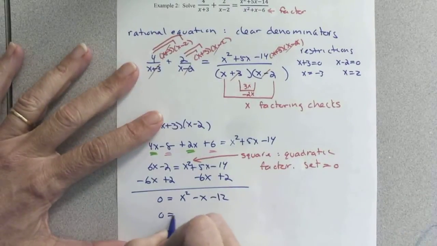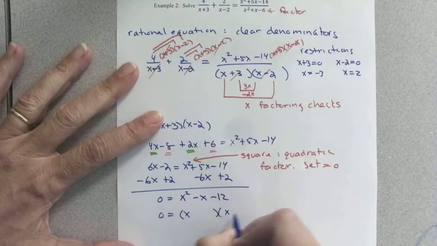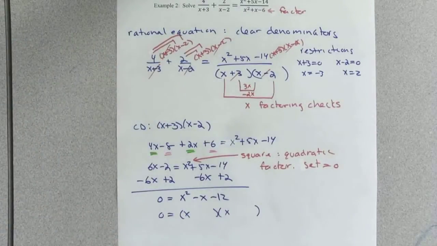Now that it's equal to 0, now I can factor it. Again, my first terms have to multiply to be x squared, so I only have a choice of x and x. My last terms have to multiply to be negative 12. So you've got plus 2 minus 6, negative 2 plus 6, various choices.